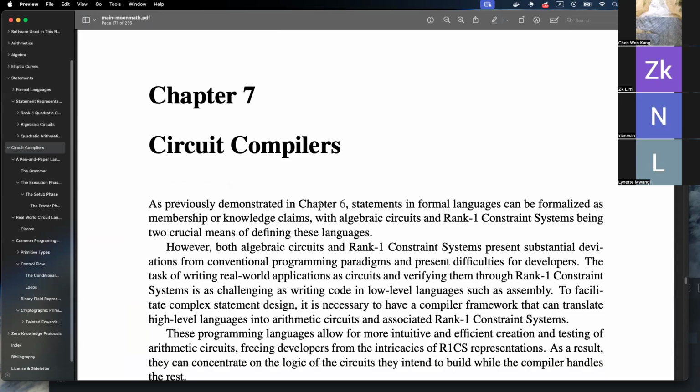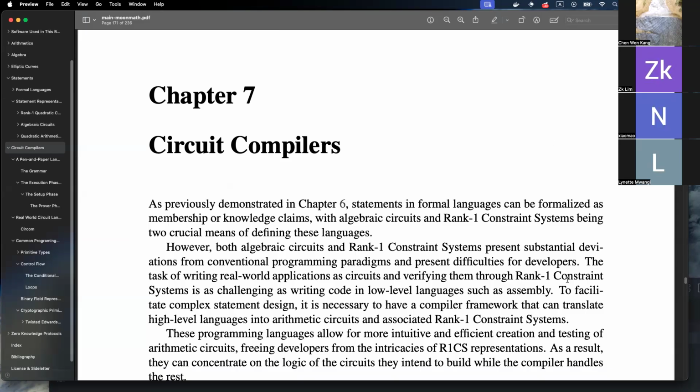Circuit compilers allow us to write circuits or programs relatively easily, while the circuit compiler itself does the work of converting those into R1CS for us. That's why circuit languages like Circom, Aleo, Cairo, Noir exist.